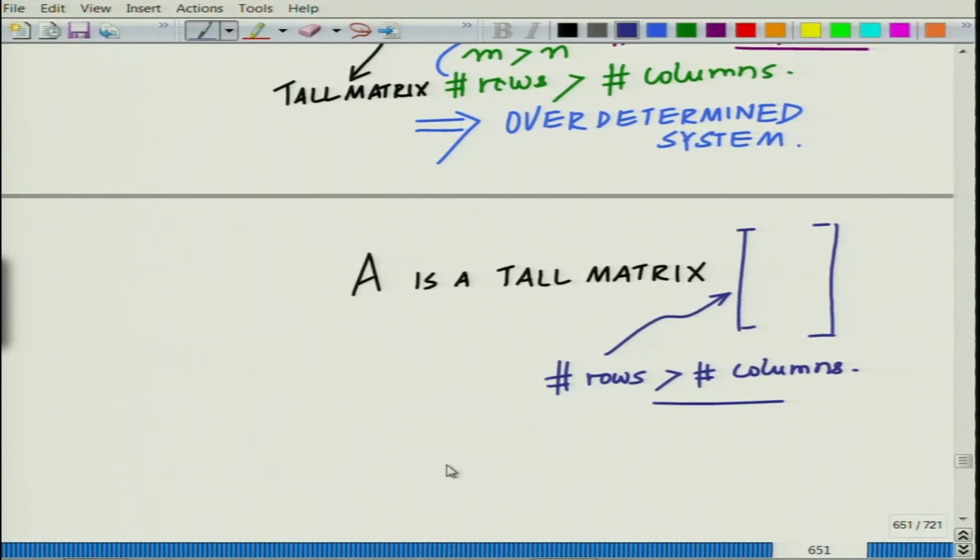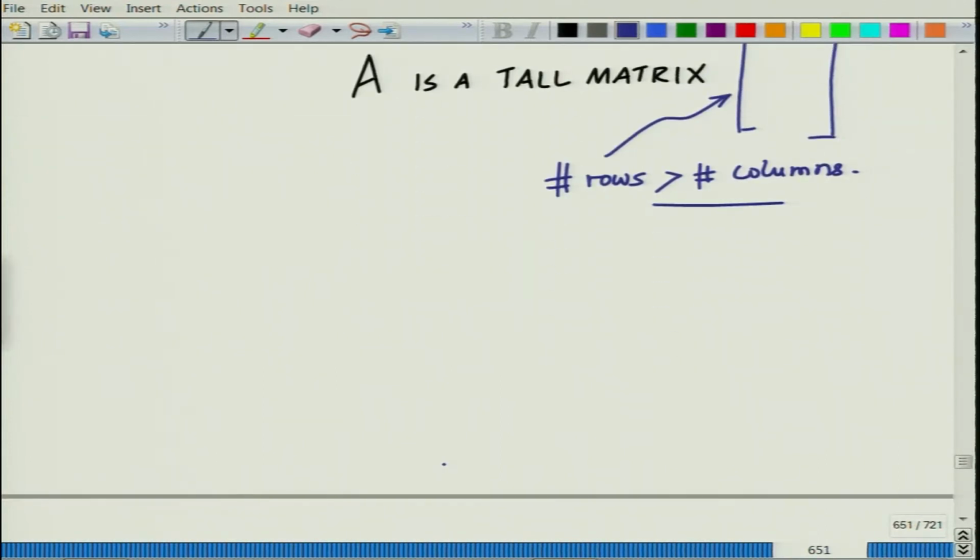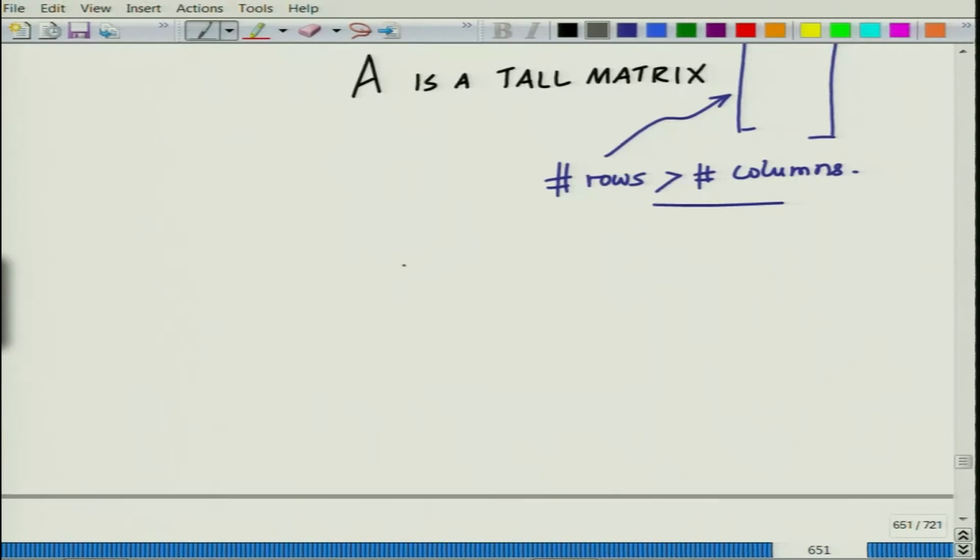And now essentially what we say is, to solve this system of equations, remember, typically for such an overdetermined system a solution does not exist. Therefore, we instead look for the x that minimizes the error, that is, we look at the error y minus A x bar, and we look at the norm square of the error and we minimize this.